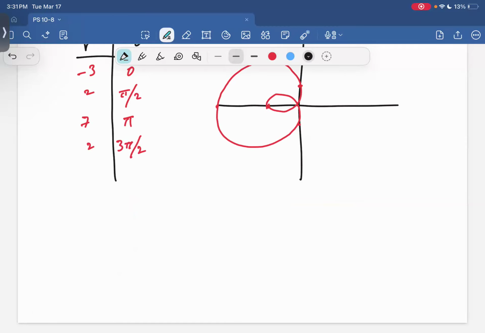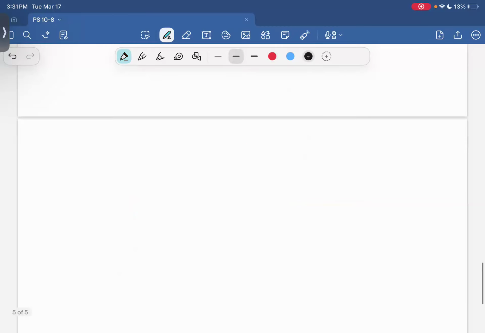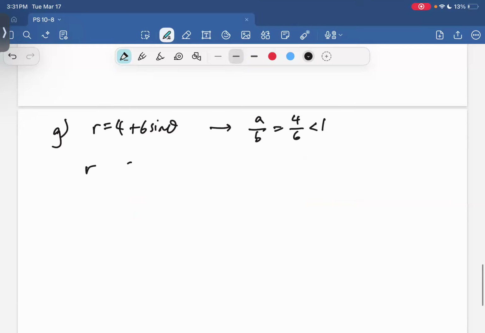Let's do G. G is another looped Limaçon. So sine 0 is 0, sine pi over 2 is 1, sine pi is 0, and sine 3 pi over 2 is -1.